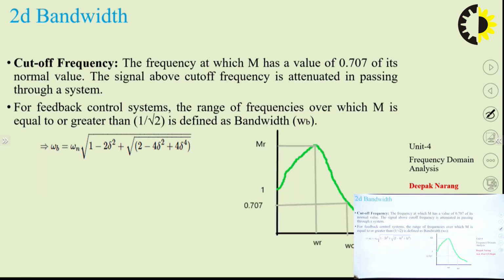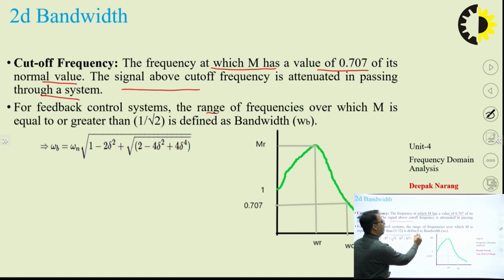Next is cutoff frequency. It is the frequency at which the magnitude has a value of 0.707 of its nominal value, and the signal above this cutoff frequency is attenuated in passing through a system. For a feedback control system, the range of frequencies over which magnitude is equal or greater than 1 by root 2 is defined as its bandwidth.